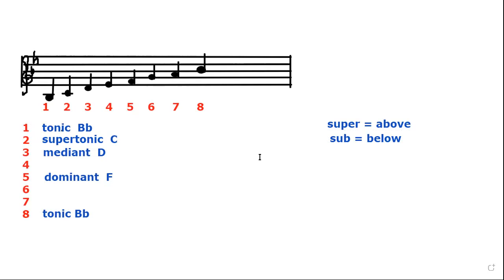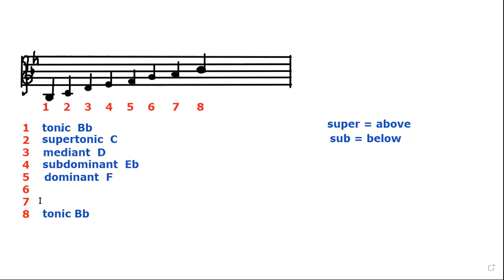So it's below. That's what that word means. So you guessed it, number 4 is the subdominant because it is under the dominant. In this scale, the subdominant note is E flat.